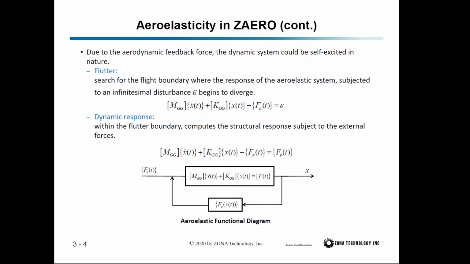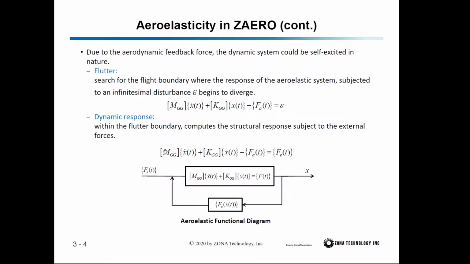If we want to know where is the instability boundary, namely the flutter boundary, all we need to do is give the system a very small disturbance epsilon. Then we calculate the response. If the response is divergent, then we know we have a flutter problem.